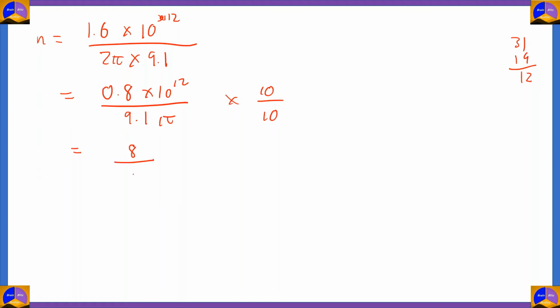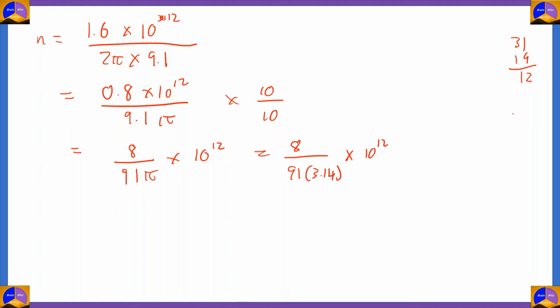So we'll get 8 divided by 91 pi into 10 raised to 12. Let's find out 91 pi. We'll put the value of pi as 3.14. So it'll be 8 by 91 times 3.14 into 10 raised to 12.